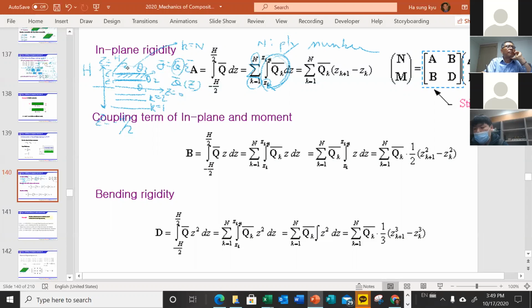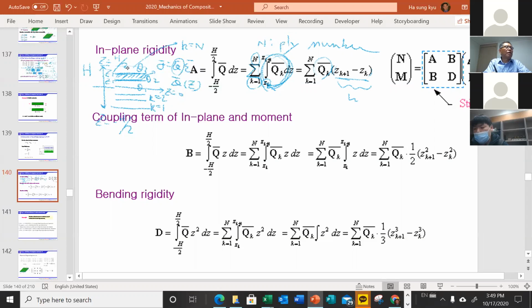Obviously within the ply, this Q is constant. So integrate, Q is constant, and then we integrate from z k to z k plus 1, right? So this A matrix is simply a summation of this Q bar times each coordinate difference. Well, this is nothing but each ply thickness.